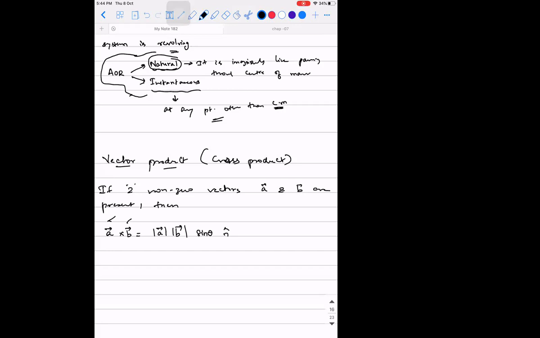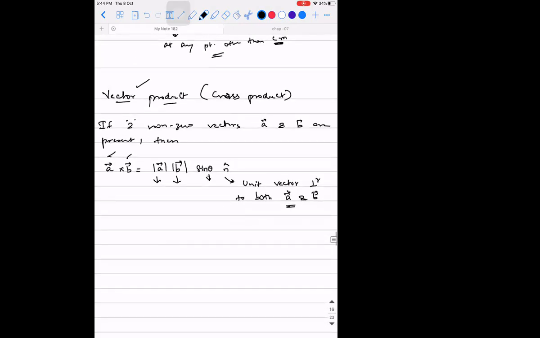What does theta stand for? Theta is the angle between A vector and B vector. And what does n cap stand for? It is a unit vector perpendicular to both A vector and B vector. Since the output is a vector quantity, that is why we call it vector product also.